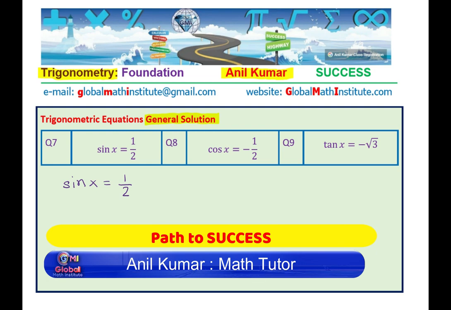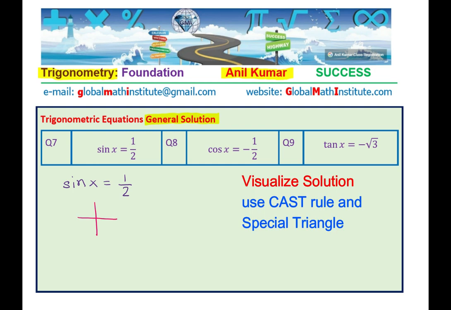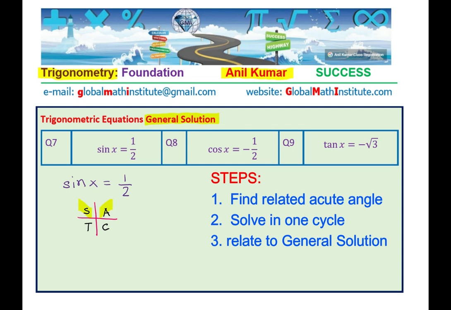As you can see, we are looking for a positive value. That basically means that in a coordinate plane, for sine, if we write the cast rule, the solution should be in quadrant 1 and in quadrant 2. So that is where we are looking forward for a solution.